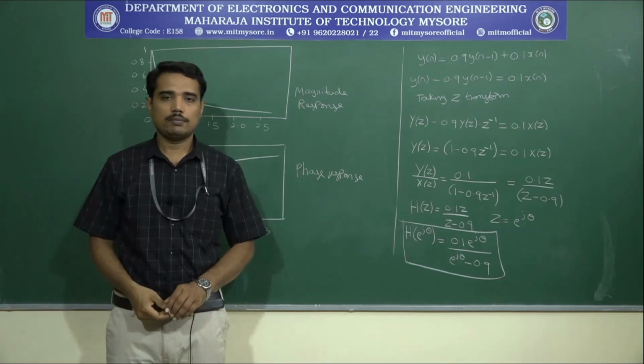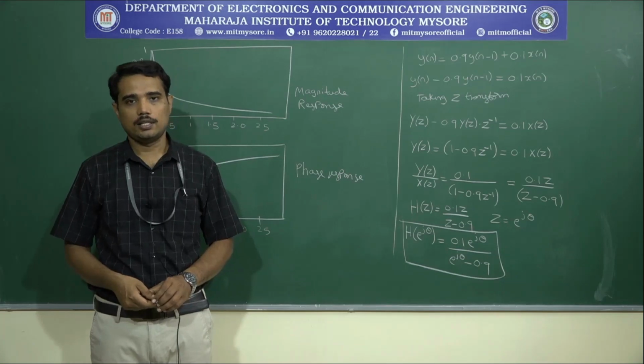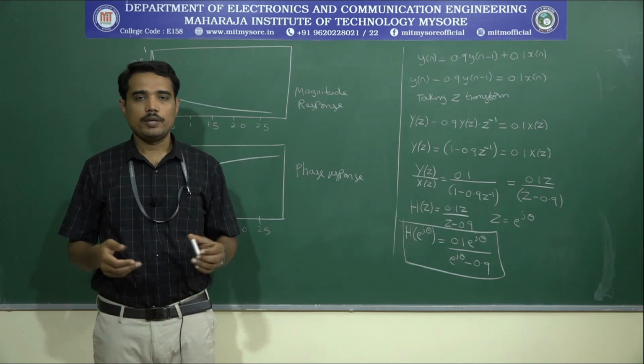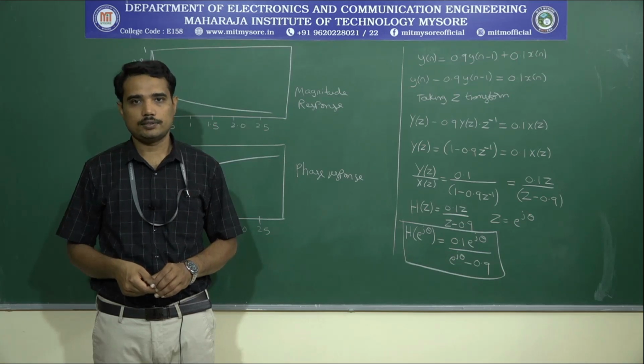After understanding the concept of both the types of digital filters, one is the FIR filter and the other one IIR filter, now let us try to compare the characteristics or parameters of both the filters.